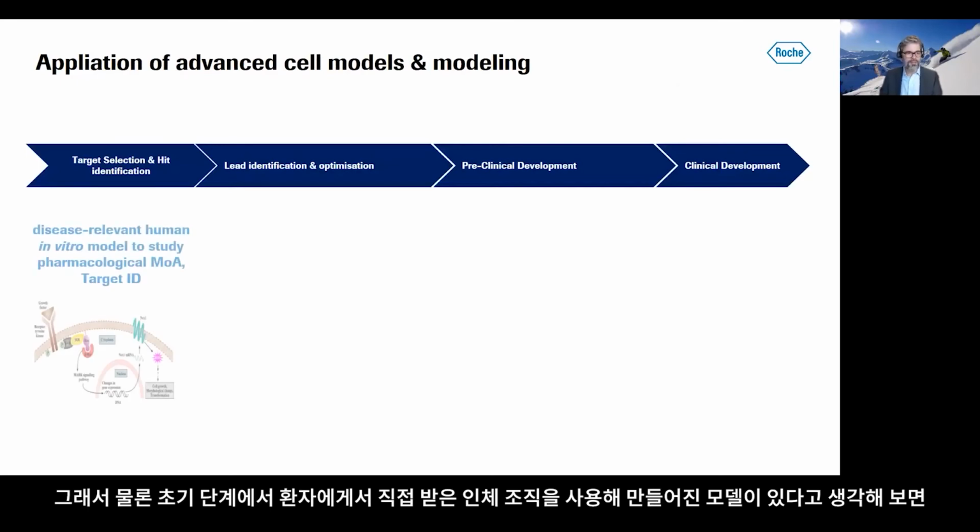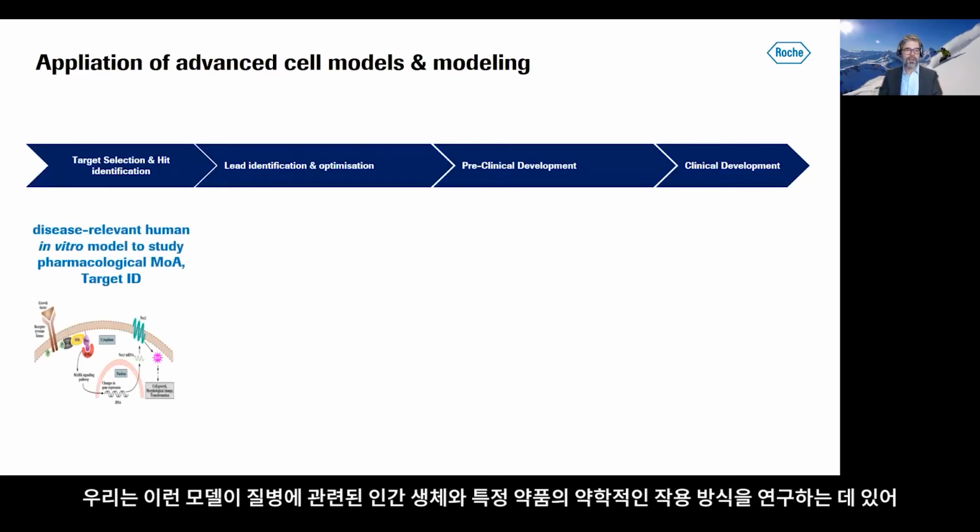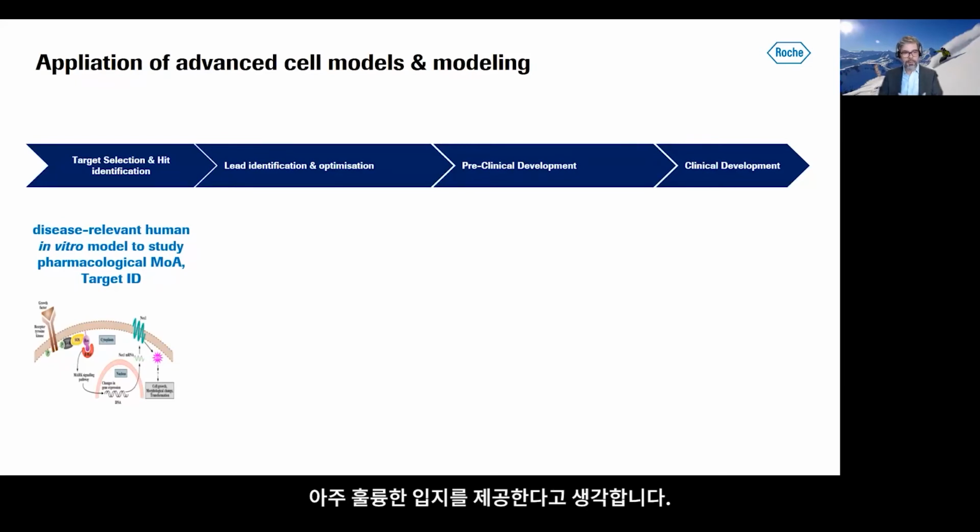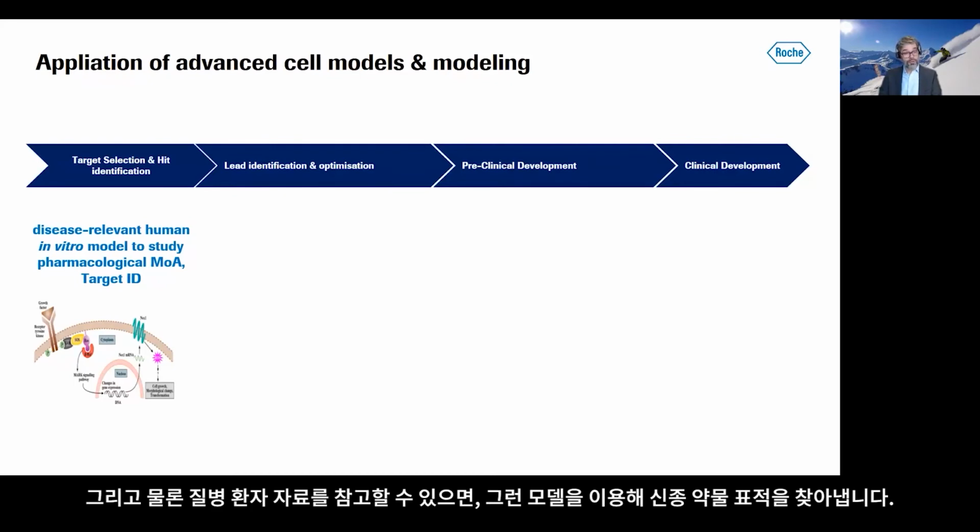Certainly in the early phases, if you imagine you have a model that is constructed using human tissue directly coming from a patient, we believe those models are excellently positioned to study disease-relevant human biology, the pharmacological mode of action of specific drugs, and also, of course, if you have access to diseased patient material, to use such a model to identify novel drug targets.